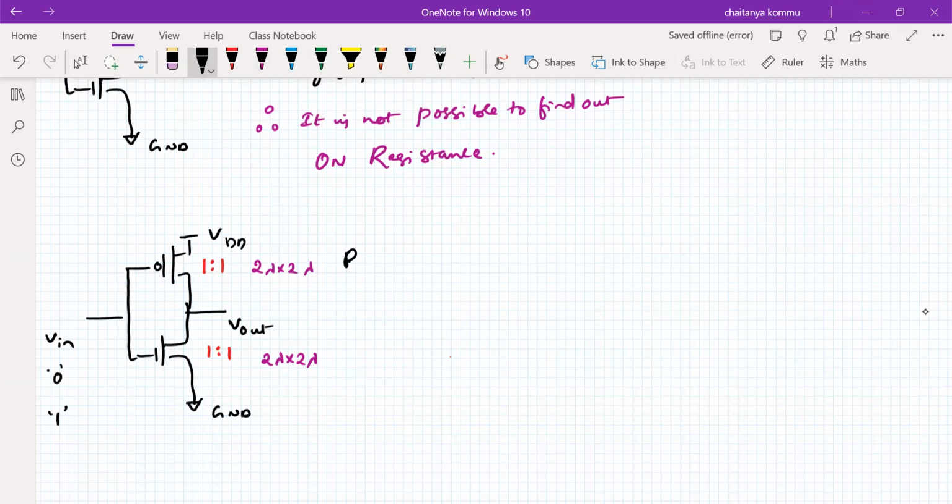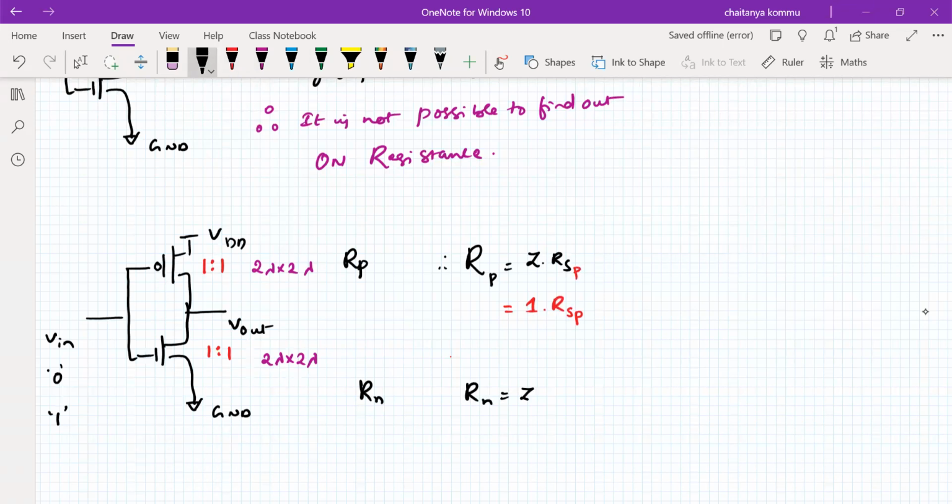So this is called RP, and this is called RN. Okay. So what is the resistance offered by RP? This is Z simply times RS. Z is 1, multiplied with the sheet resistance of the PMOS transistor. Let me write it more specifically. What about RN?